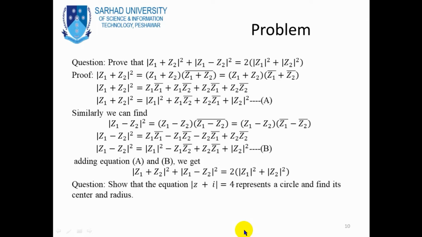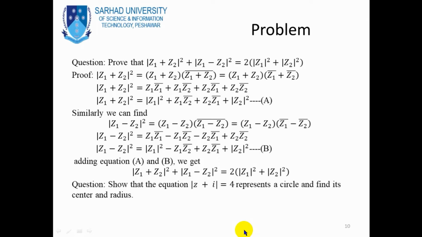Now we have a problem to prove that the square of the magnitude of z1 plus z2, plus the square of the magnitude of z1 minus z2, is equal to 2 times the sum of the square of the magnitude of z1 and the square of the magnitude of z2.